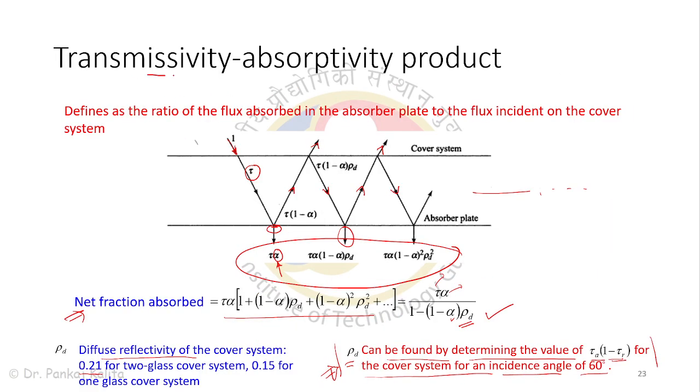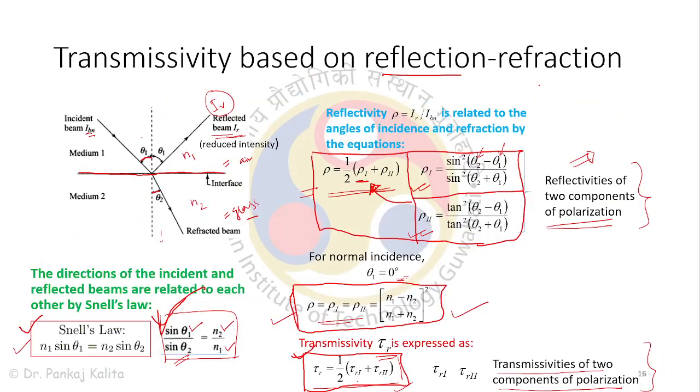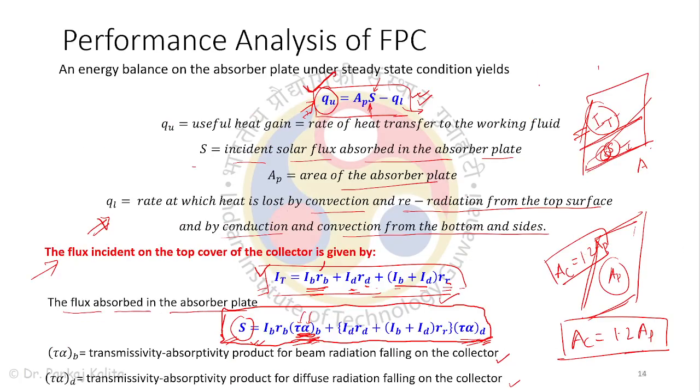Now the transmittivity absorptivity product, basically what this tau alpha is that we have just seen in the equation, right? This is tau into alpha, this factor we are talking about, and how to calculate this factor.